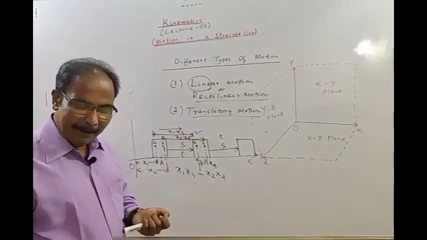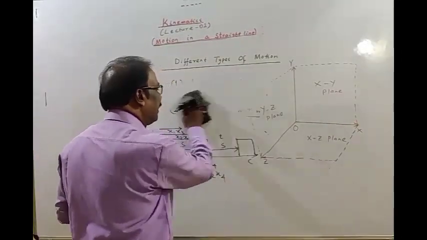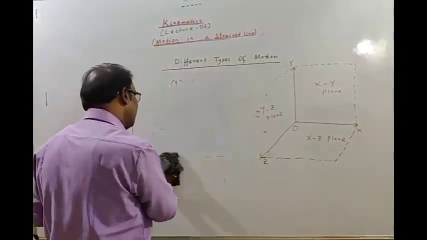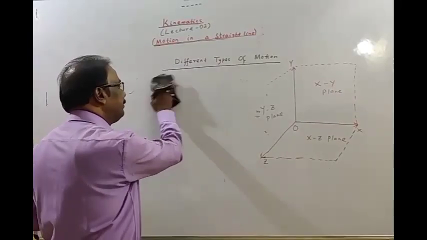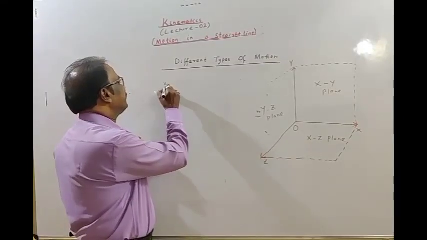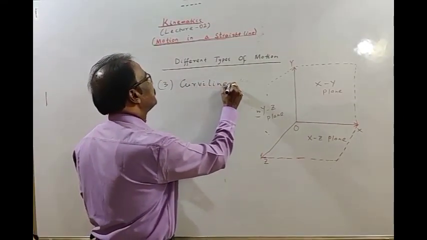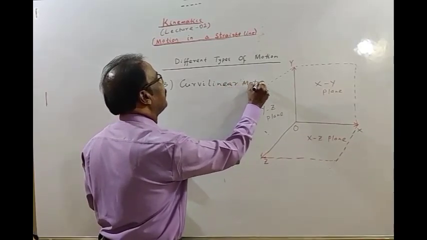Okay. Then let's move to another type of motion. This is the fundamental idea about translatory motion, and number one was linear or rectilinear motion. Then number three, curvilinear motion.